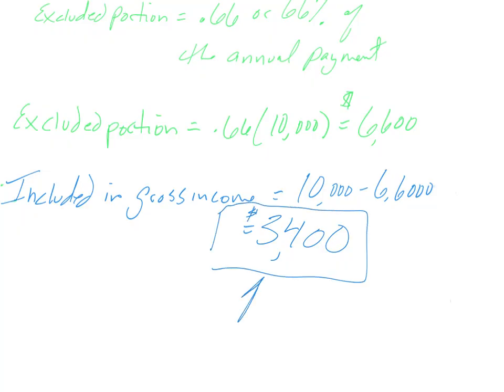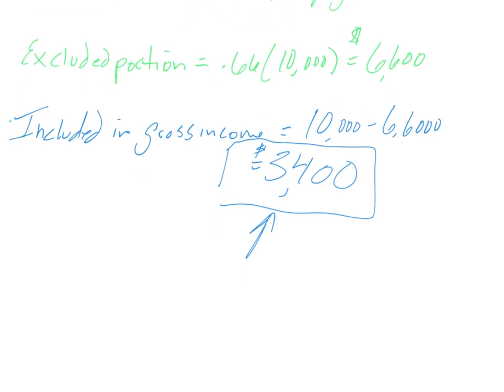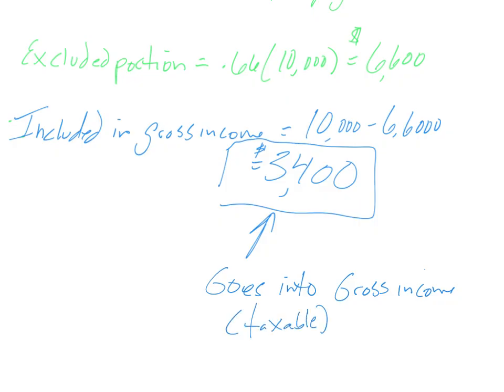So this $3,400 is taxable. It goes into our gross income. Okay? So that is how you deal with annuities.